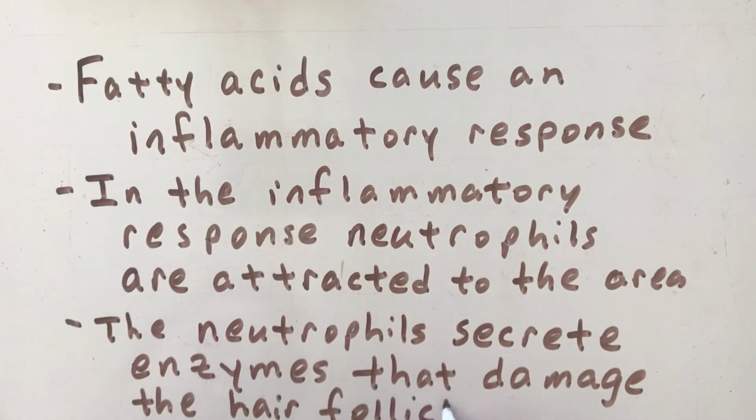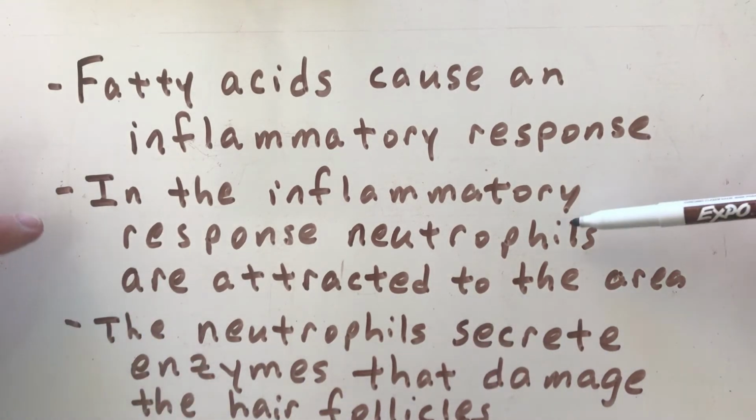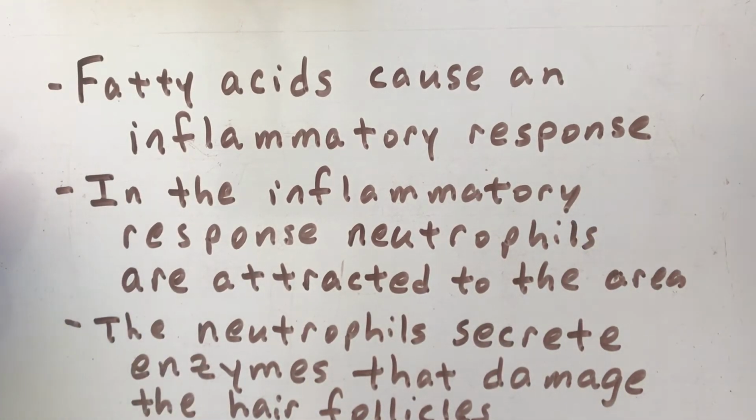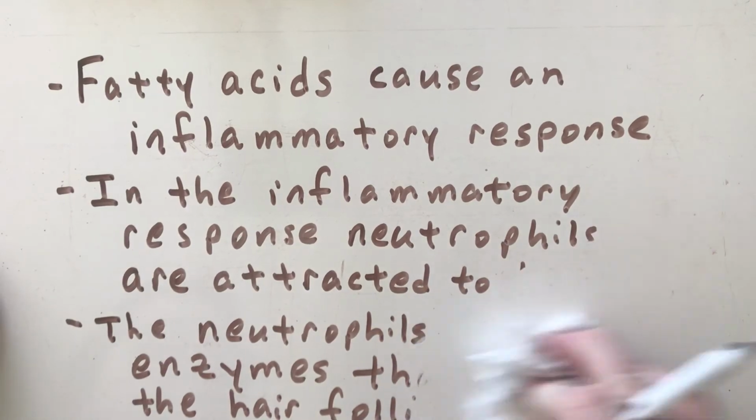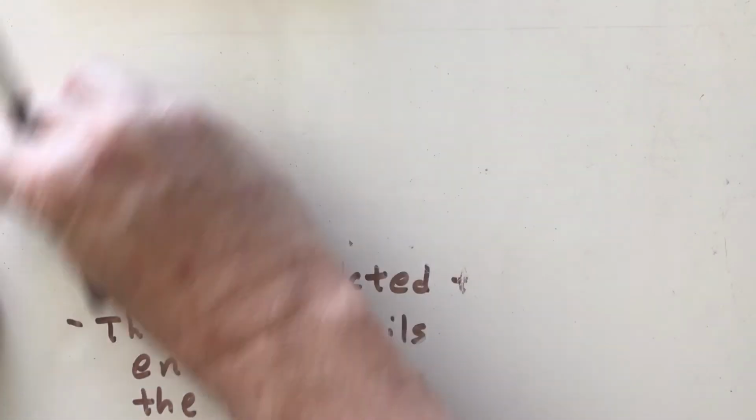Okay, and the reason this is called inflammatory is because this is what's happening here. This is an inflammatory response. The fact that the neutrophils are involved is an inflammatory response. So what's going to happen now is because the neutrophils are secreting these enzymes that damage the hair follicles, we are going to get pus and pustules in the area.